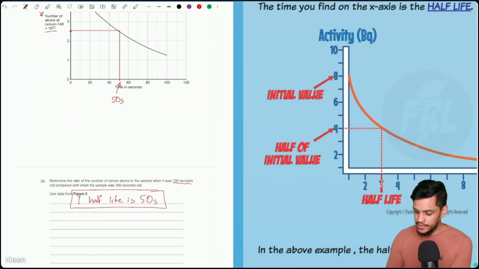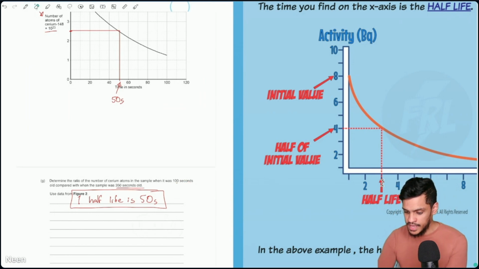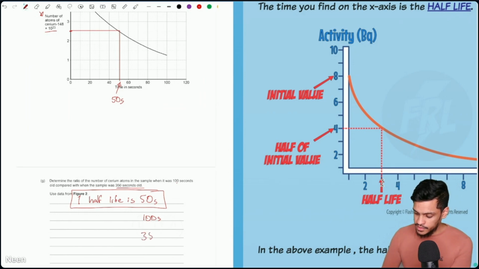How many half-lives is in 350 seconds? And how many half-lives are there in 100 seconds? Because it's asking to compare 100 seconds with 350 seconds. So how many half-lives are there in 100 seconds, and how many half-lives are there in 350 seconds?